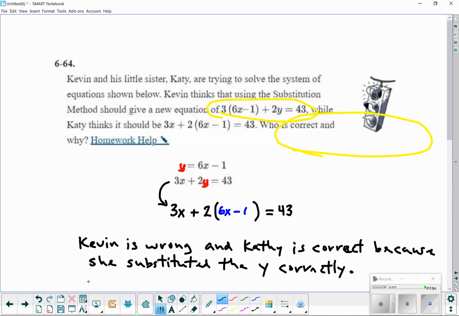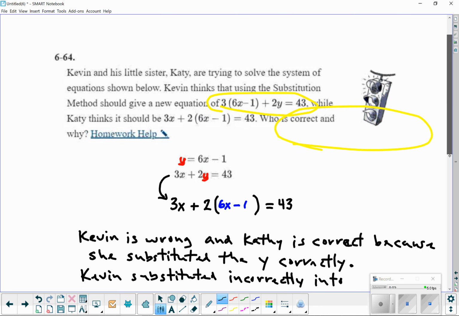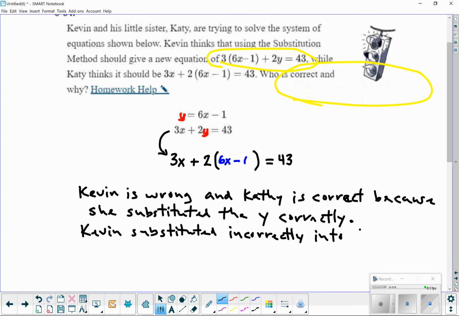Kevin substituted incorrectly into the x. All right.